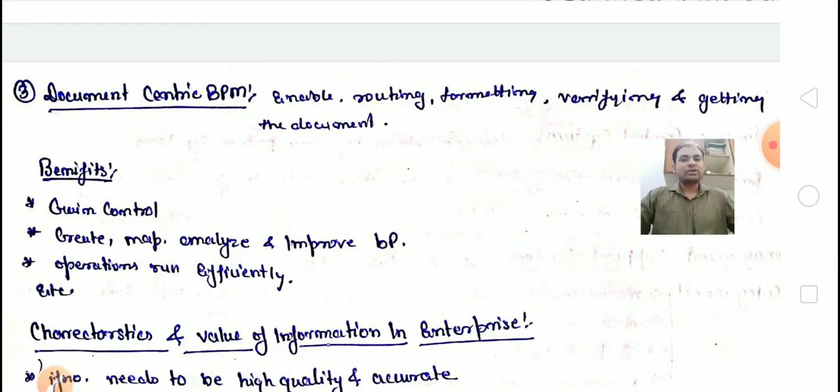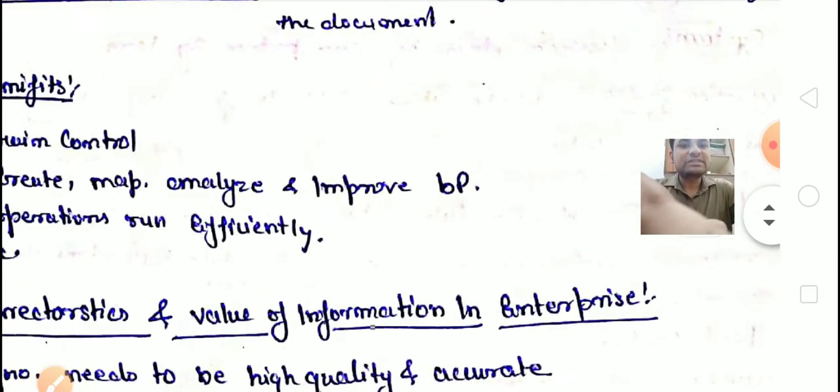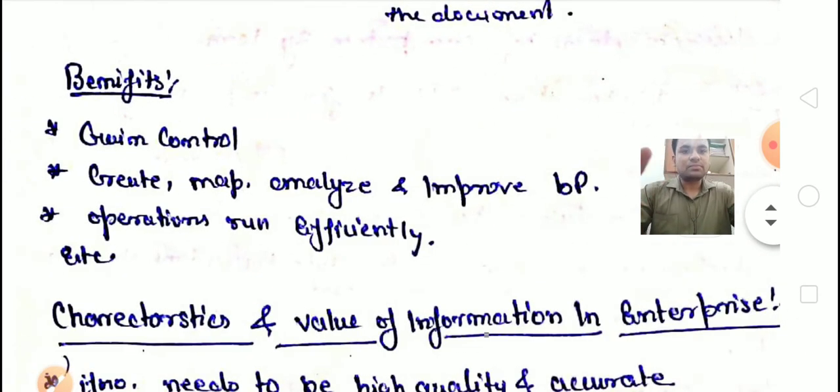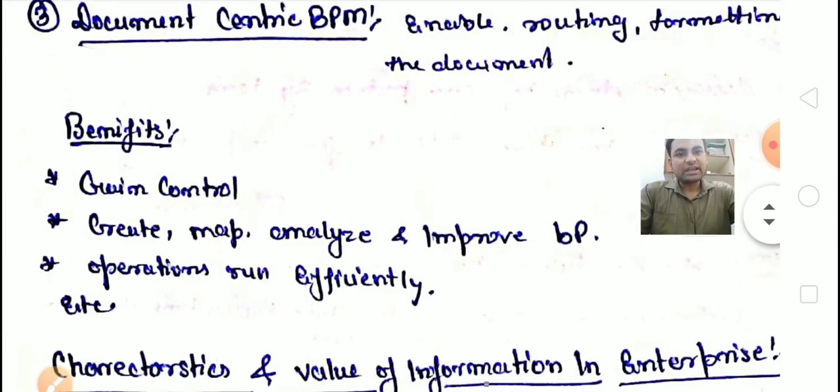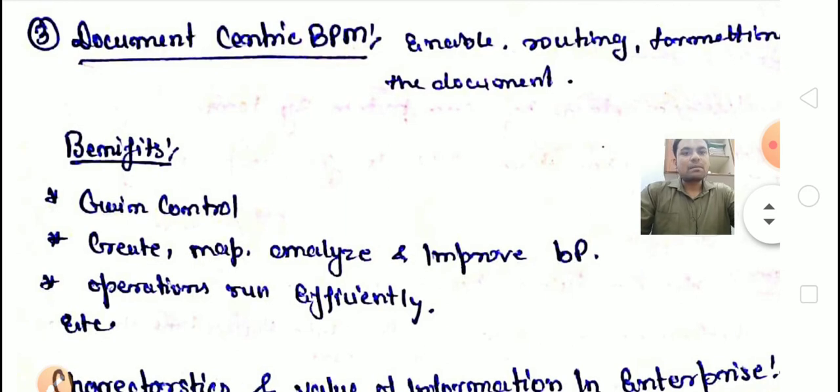Okay, so now we will discuss the benefits of BPM. First, gain control: if all the things are done accurately, that means you gain something in your process. Next, create, map, analyze and improve BP, business process. BP means business process.